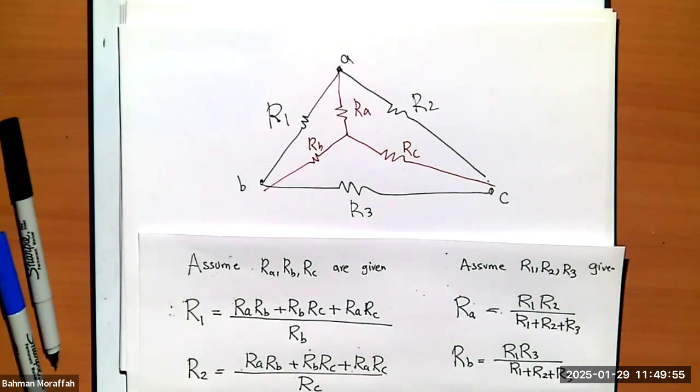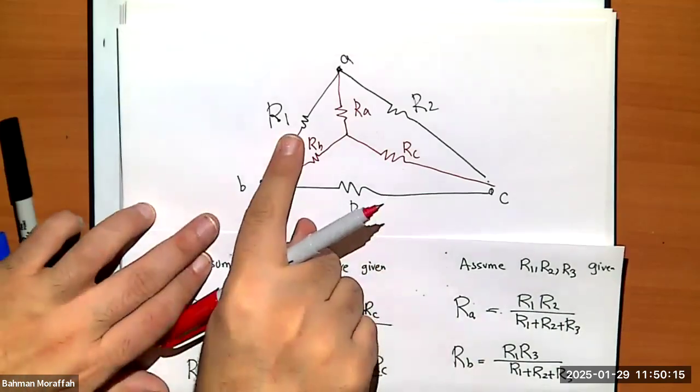So that's easy to remember. It's RA, RB, RB, RC, RA, RC. What's a little difficult is whatever goes on the denominator, because that's the only difference between these 3.